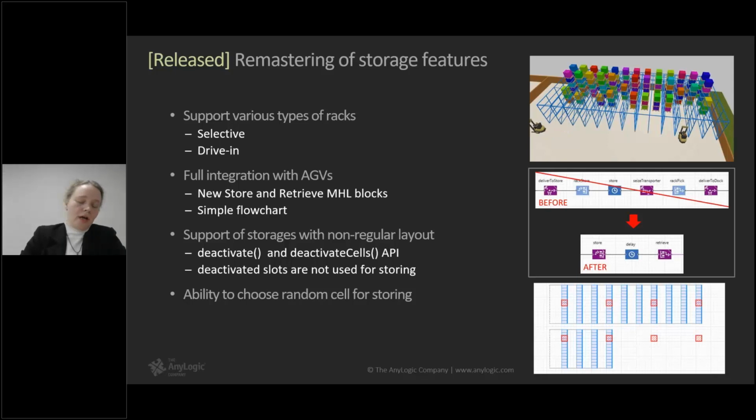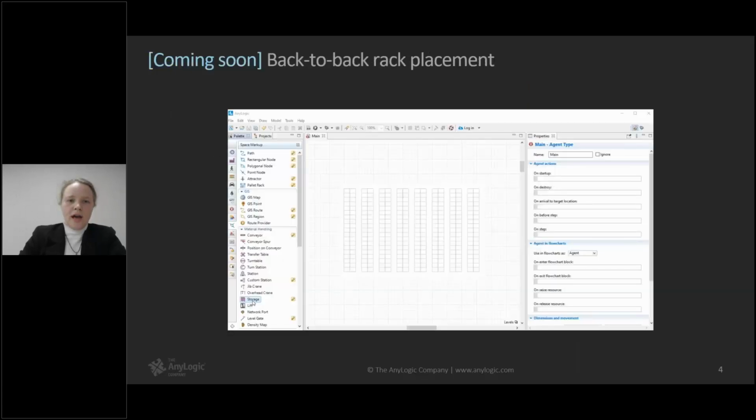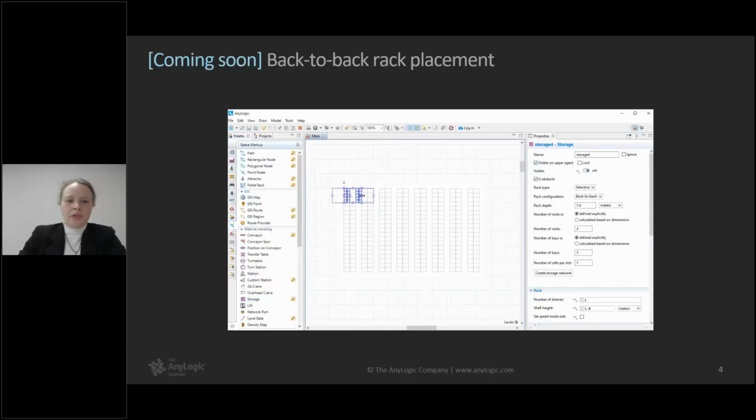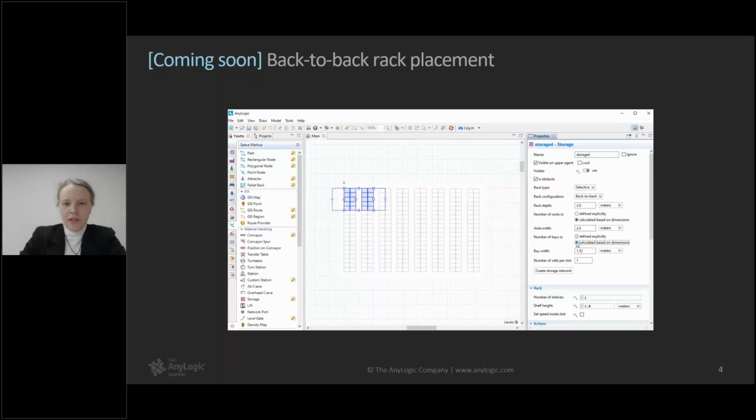Of course, we have a lot of things that we want to add to our storage in the future. One is coming really soon. We want to make it a little Christmas present for you. This is the back-to-back rack placement.